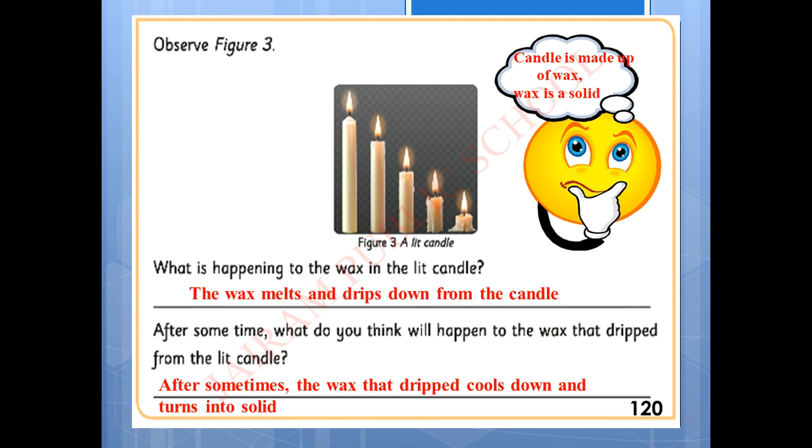Here, what happens to the wax if the candle is lit? The wax melts and drips down from the candle because of heat. After some time, what do you think will happen to the wax that dripped from the lit candle? After some time, the wax that dripped cools down and turns into a solid.